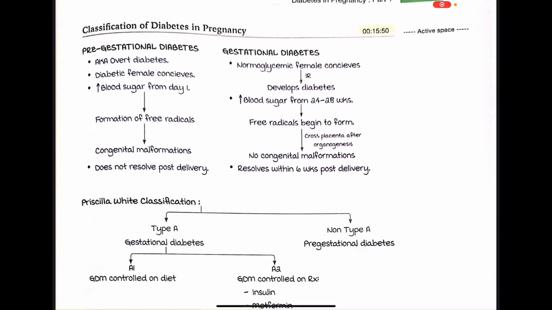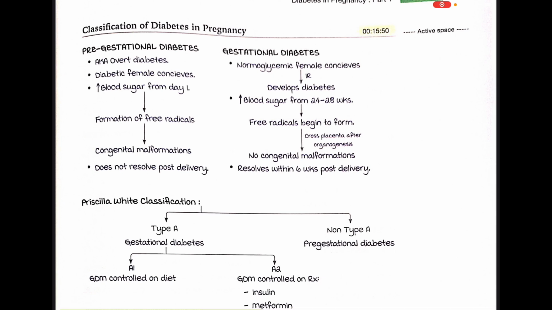Classification of diabetes in pregnancy: pre-gestational diabetes and gestational diabetes. Pre-gestational diabetes, also known as overt diabetes: a diabetic female conceives, increased blood sugar from day 1, formation of free radicals, congenital malformations that do not resolve post-delivery.